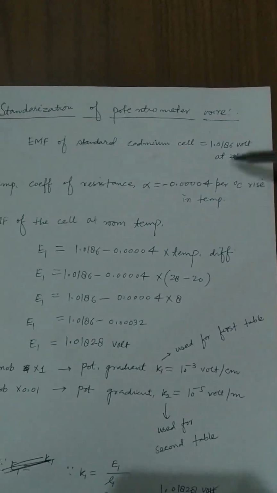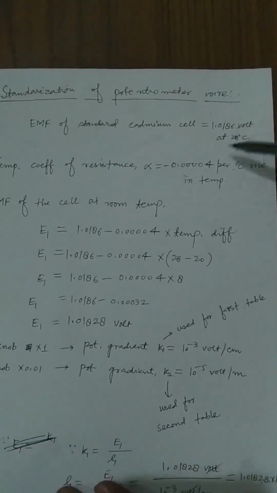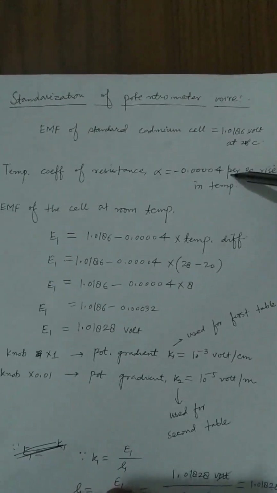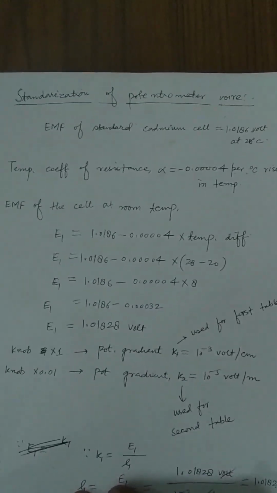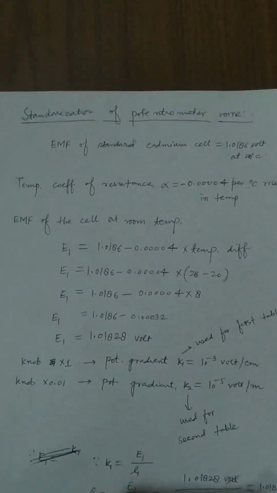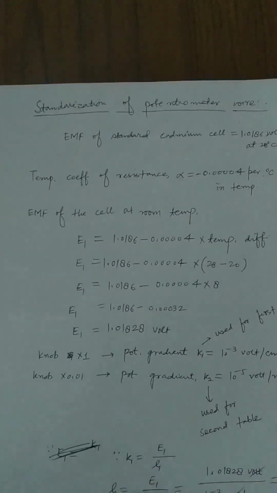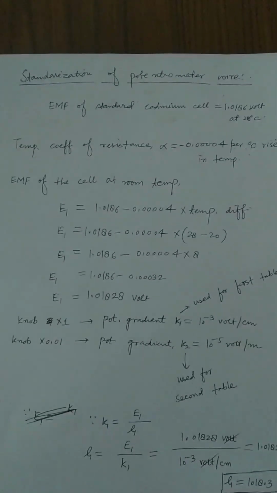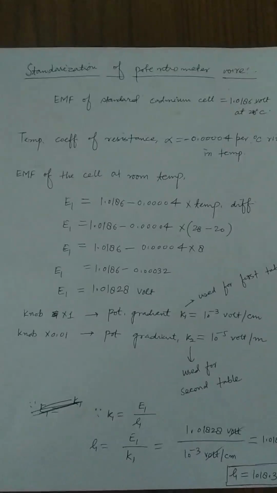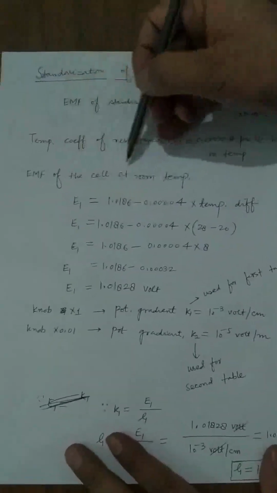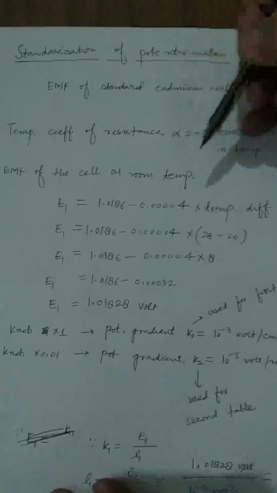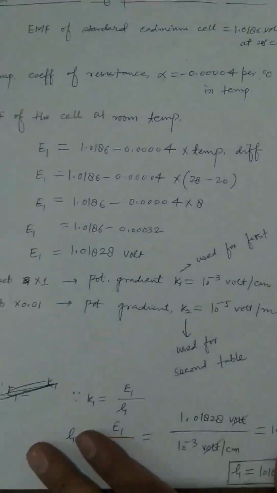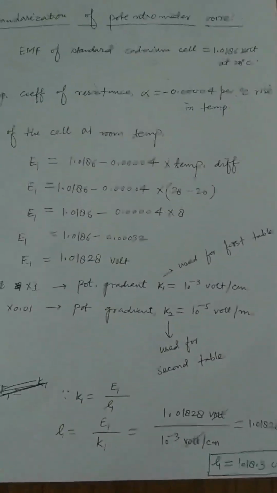So we have to use these two values, and we also use the value of the potential gradient. Whenever your knob is put at x1, as I showed you just a minute ago, you will use the value of potential gradient as 10 raised to the power minus 3 volt per centimeter. Now, the EMF of the cell at room temperature: the room temperature at this time when I am recording this video is 28 degrees Celsius.